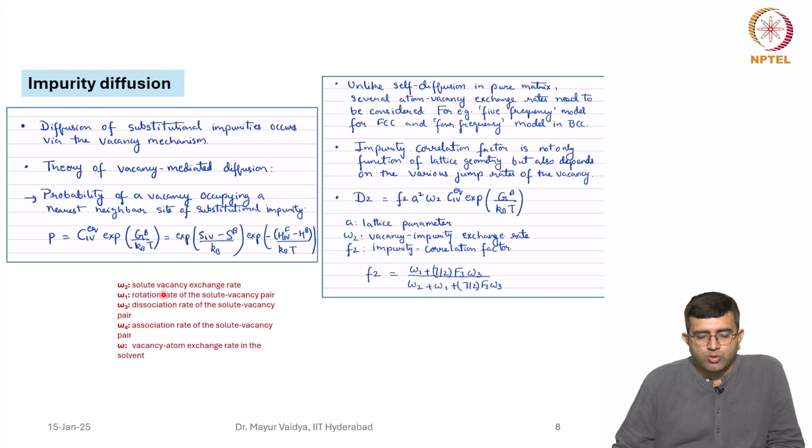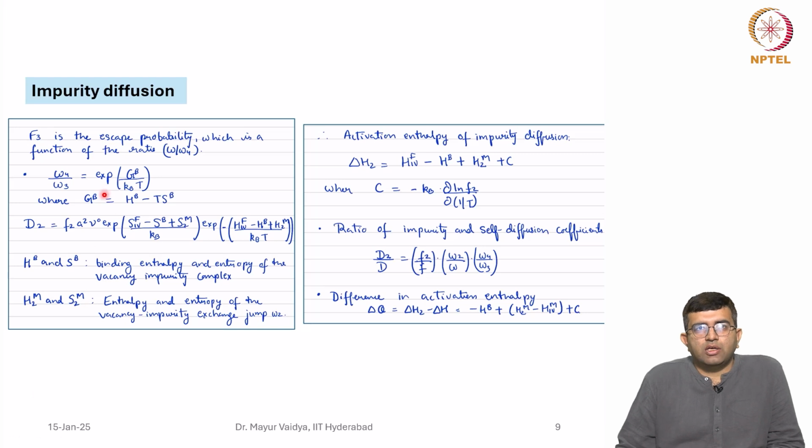Omega 2 is the solute vacancy exchange rate, omega 1 is the rotation rate of the solute vacancy pair, omega 3 is the dissociation rate of the solute vacancy pair, omega 4 is the association rate of the solute vacancy pair, and omega is the vacancy atom exchange rate in the solvent. So, the correlation factor also depends upon these exchange rates.